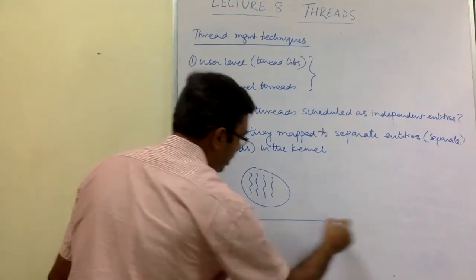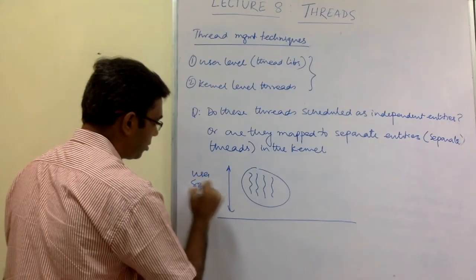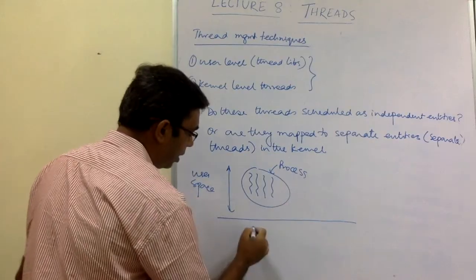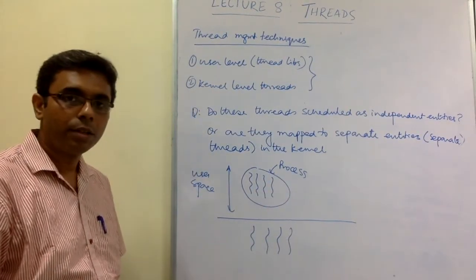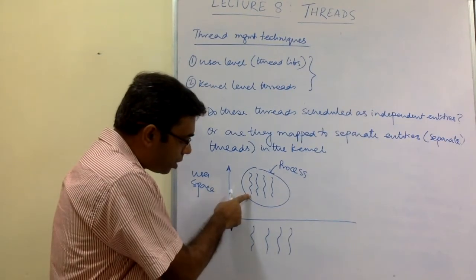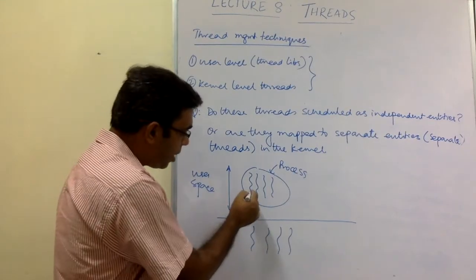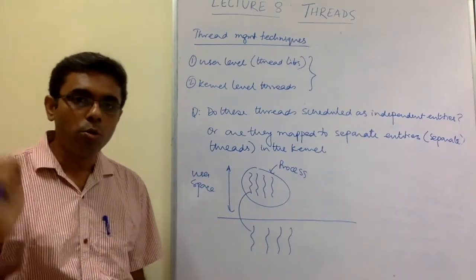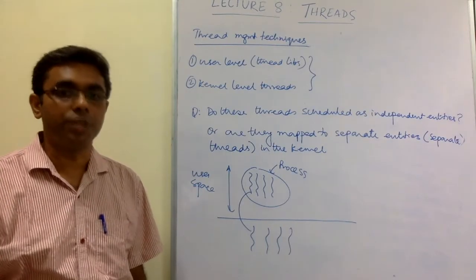This is the user space, and this is the process. And the kernel is also allowing certain threads to be created. So the question is, will these threads be mapped as separate entities? That means, will there be a one-to-one mapping of each thread in the user process to a thread in the kernel? What will be the procedure?